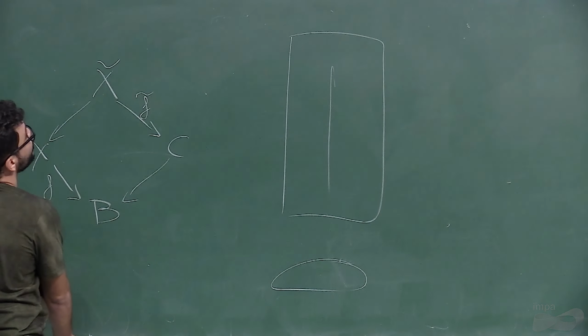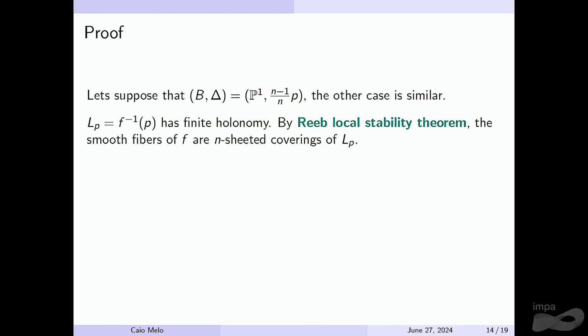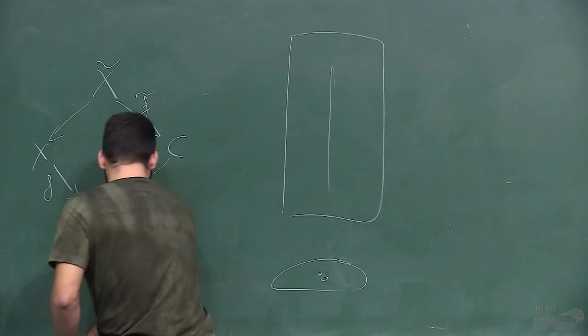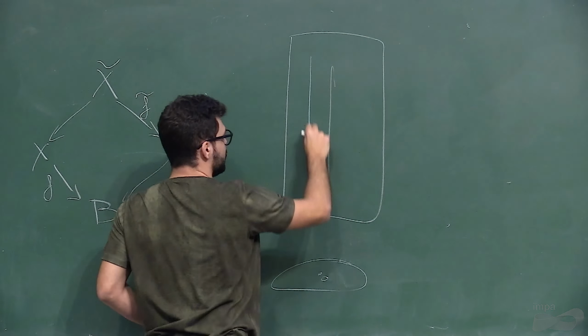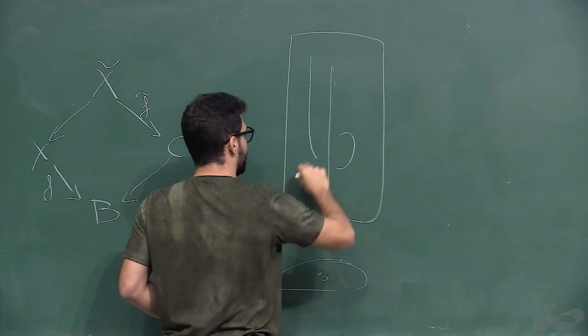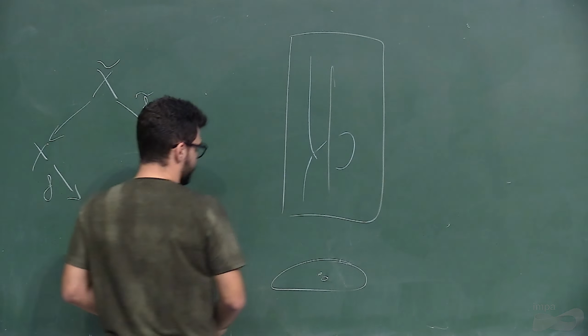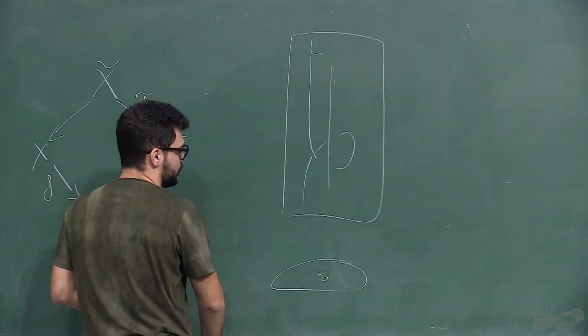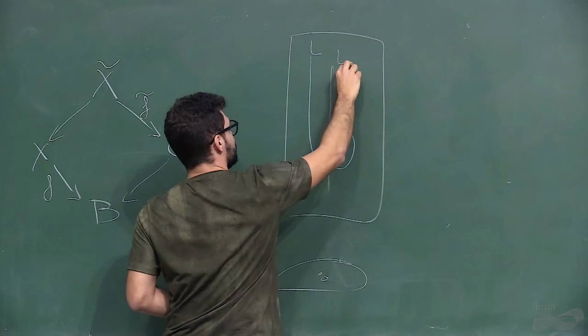we can apply Ehresmann's local stability theorem to see that a local leaf, a leaf around here, L, is a covering of this multiple leaf.